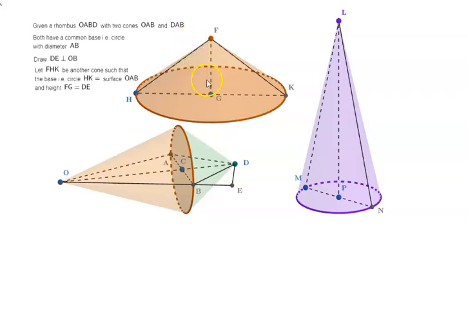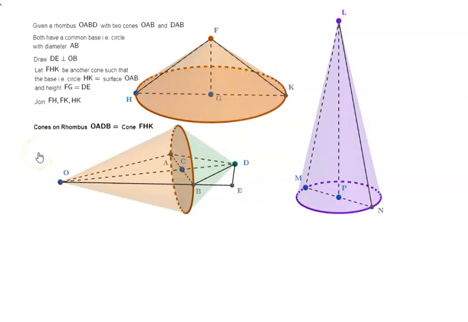Let FHK be another cone such that the base, a circle HK, is equal to the surface of the cone OAB and height is equal to this perpendicular line that we have drawn from the apex of the second cone, that is DE, and we join FH, FK and HK.